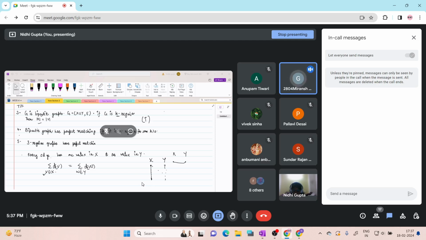So we would be leaving the same amount of vertices in A. That is why the number of vertices should be the same.